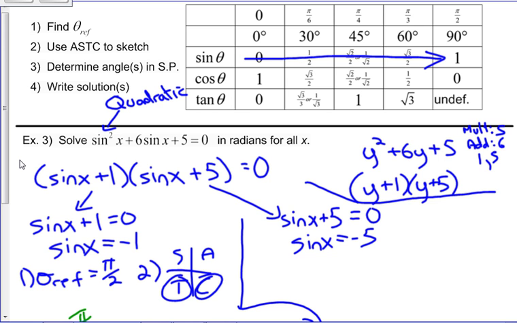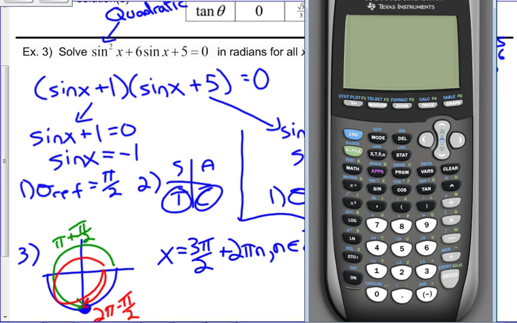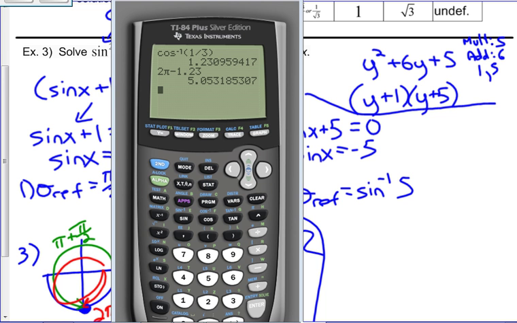Okay, that's no problem. Let's try this. I'll just have to do inverse sine of 5. I'll throw that into my calculator. Come on, little calculator. You can do it. There we go. Inverse sine of 5.